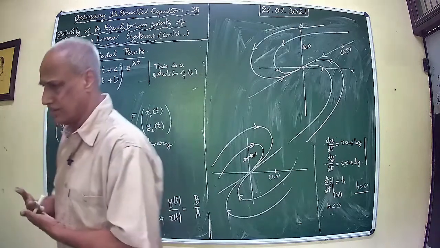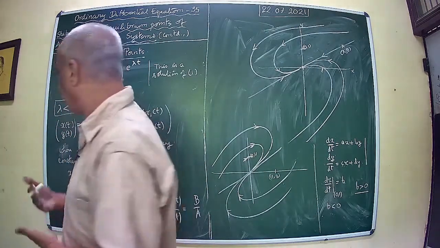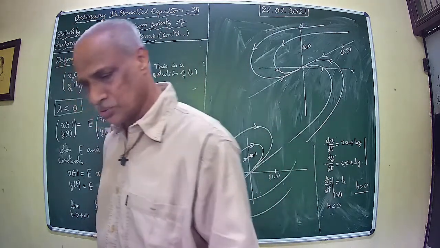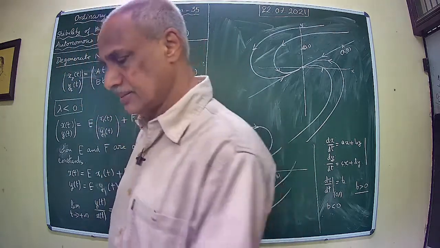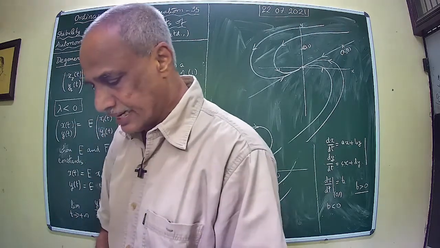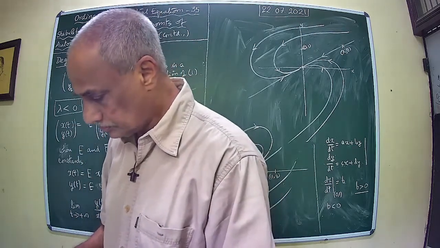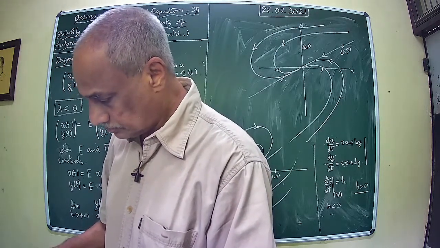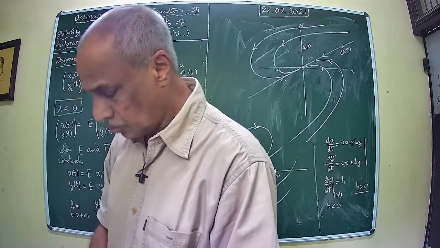You won't get a contradictory state once you make this assumption. I leave it to you to work through the analysis. So this is called the degenerate nodal point.